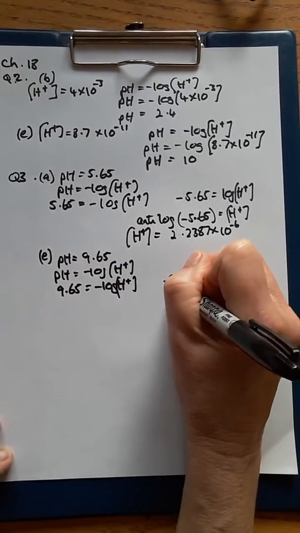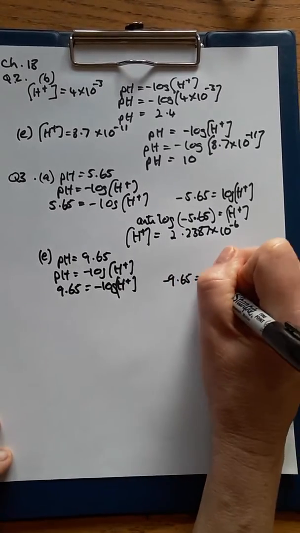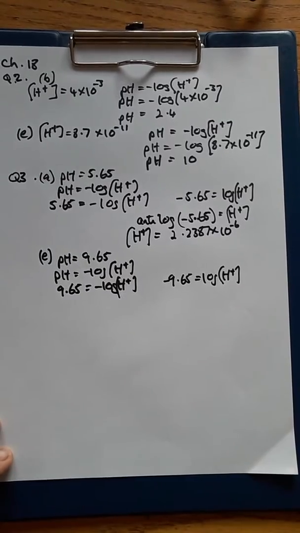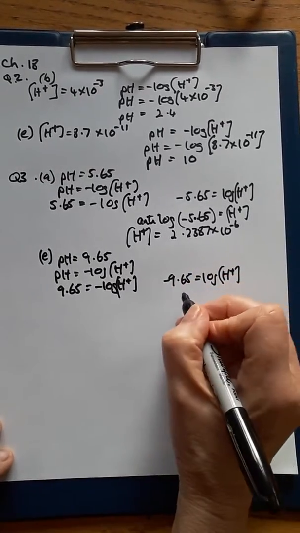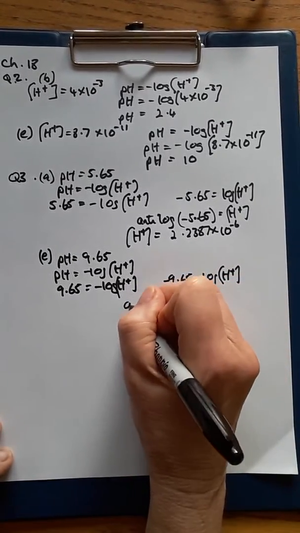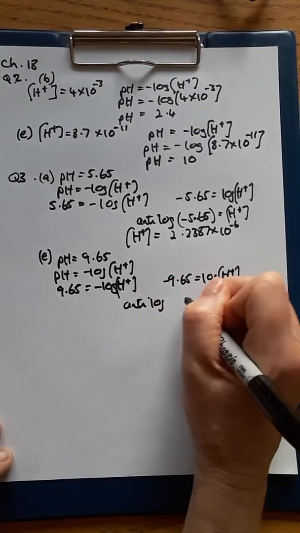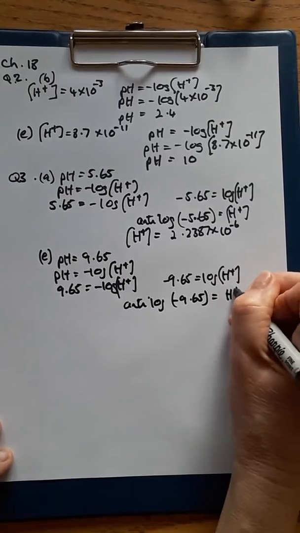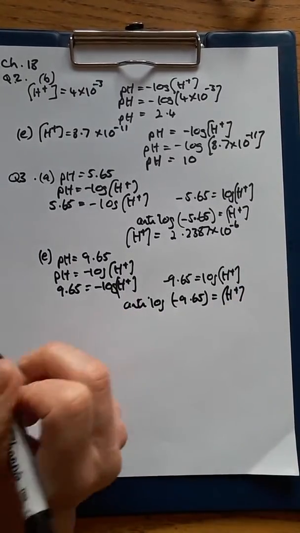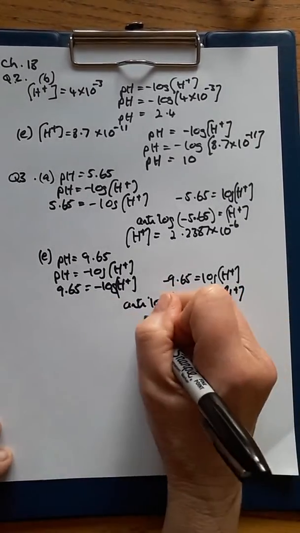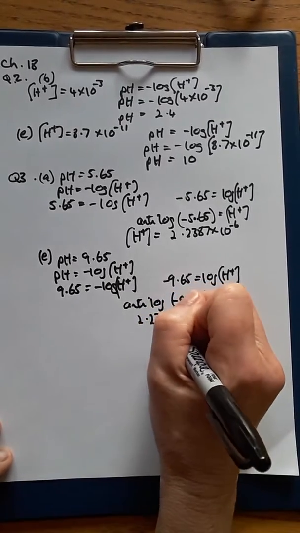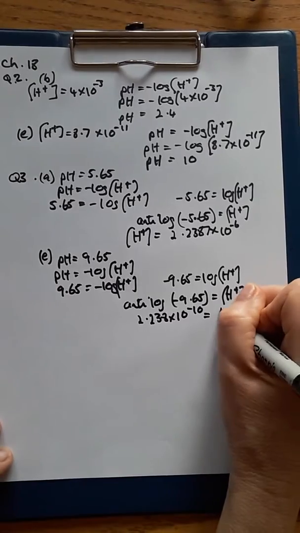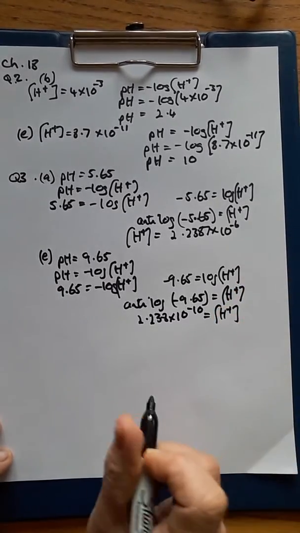So I'm going to bring over that minus, so minus 9.65 equals the log of the hydrogen ion concentration. If I put this into my calculator now, this is antilog, which is the second function log of minus 9.65 is equal to the hydrogen ion concentration. And when I put that in, I get 2.238 by 10 to the minus 10 is equal to the hydrogen ion concentration.